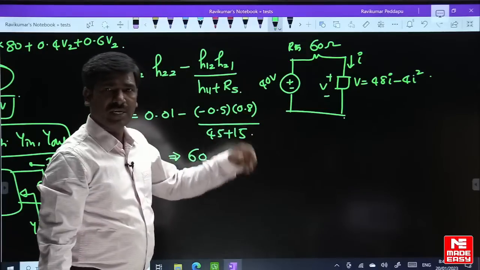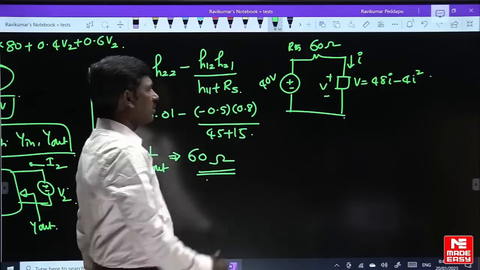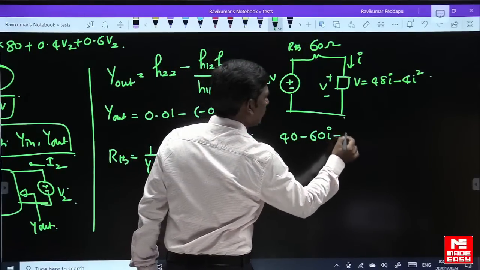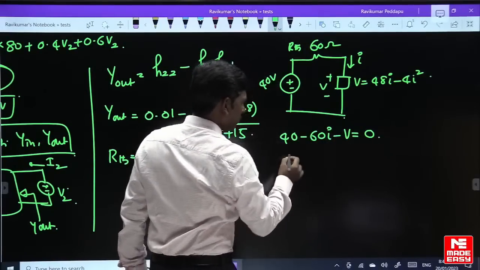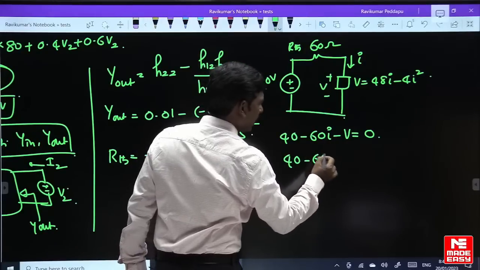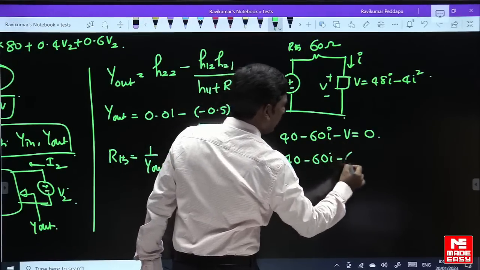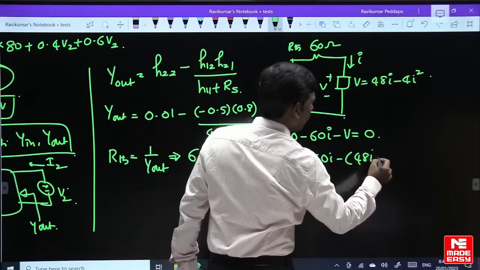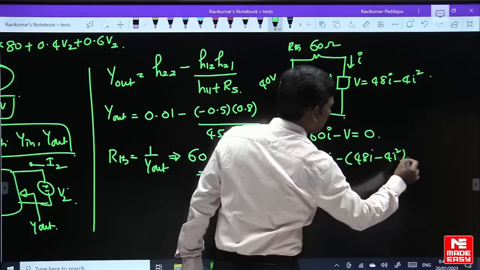Now write a KVL equation; KVL is applicable to nonlinear elements also. 40 minus 60 I minus V is equal to 0. So 40 minus 60 I minus 48 I plus 4 I square is equal to 0.